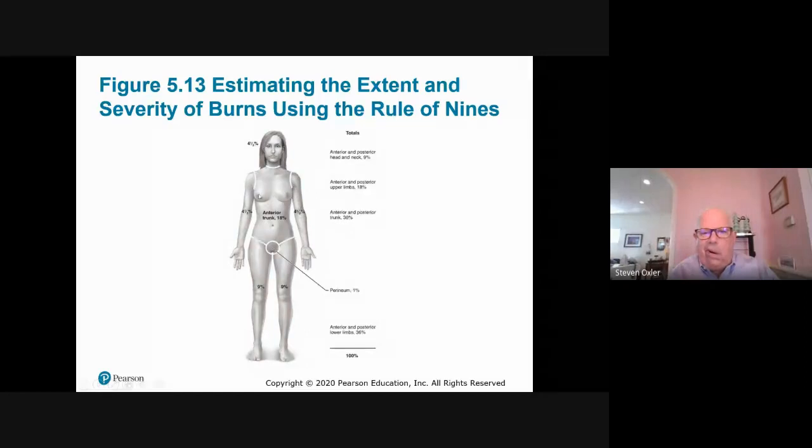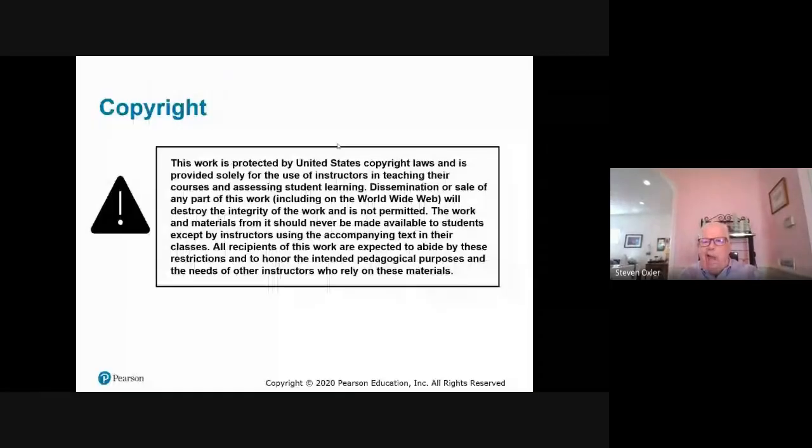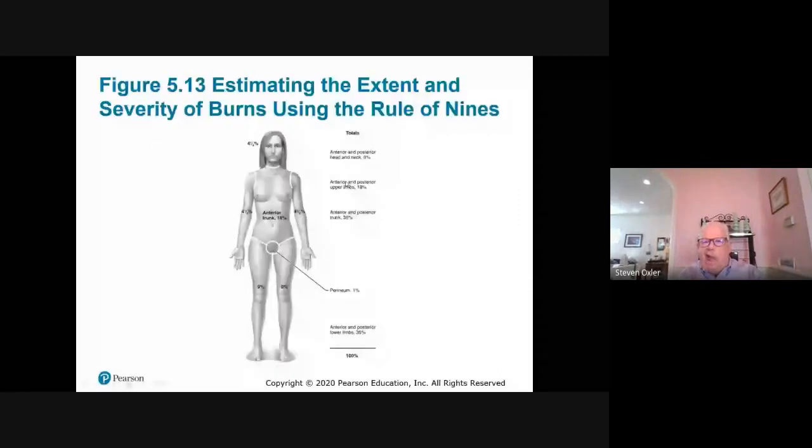So if both arms are burned, front and back, it's a total of 18%.